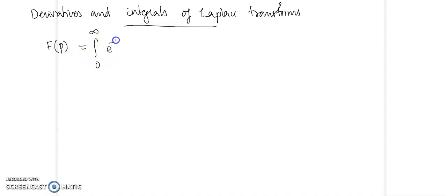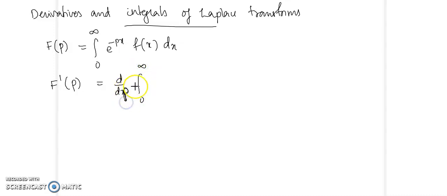So it is e raised to minus px f of x dx. And now F dash of p is given by d by dp of integral 0 to infinity e raised to minus px f of x dx.